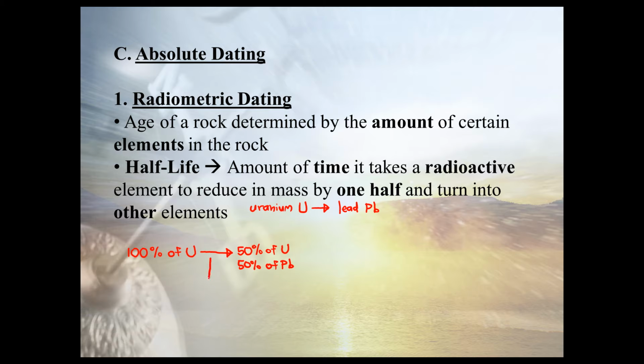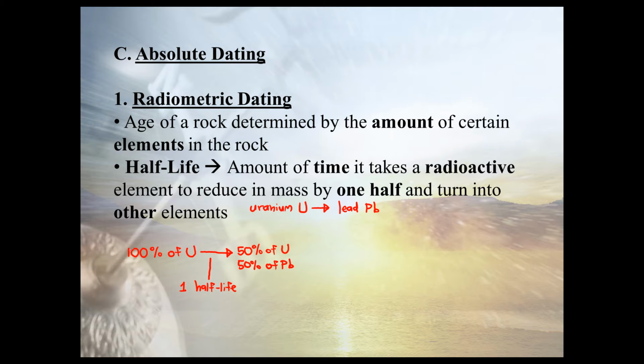The time it takes for you to start with 100% of your element and then to only have 50% of it is what we call a half-life. And going back to the definition, a half-life is the amount of time it takes a radioactive element to reduce in mass by 1/2 and turn into other elements.